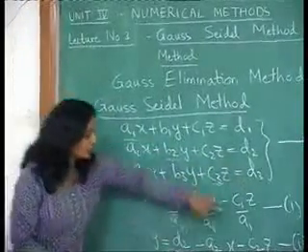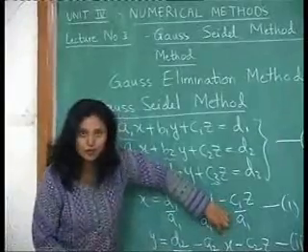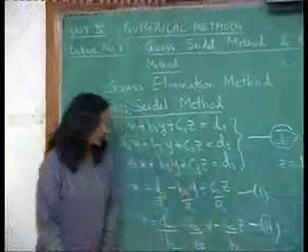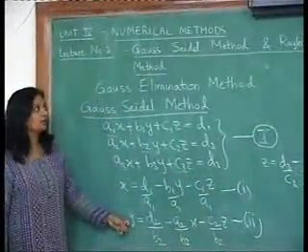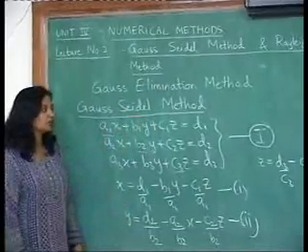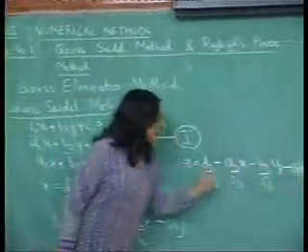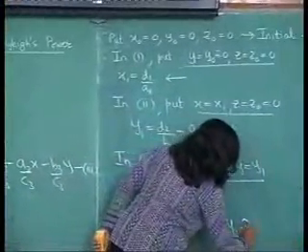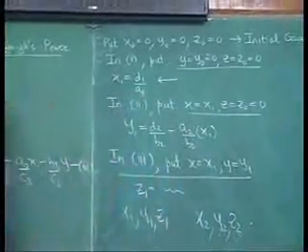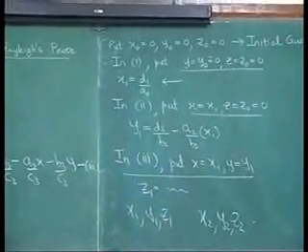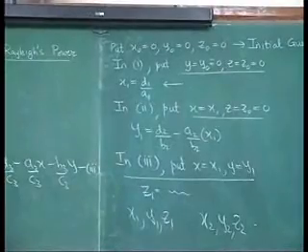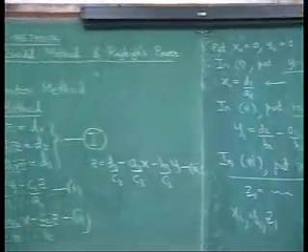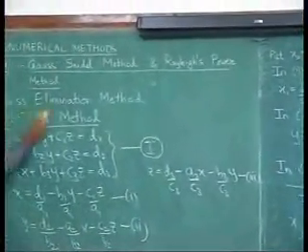Then in the next equation, I will put the value of x2 for this, z1 for this, and I will get the value of y2. Similarly in the next equation, when I put x2, y2, I will get the value of z2. This will be the end of the next iteration. It will give me the next approximation to the solution of this system. So let us actually start with a few problems and then see how this method works.